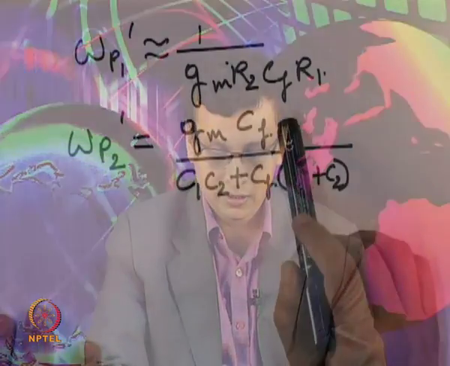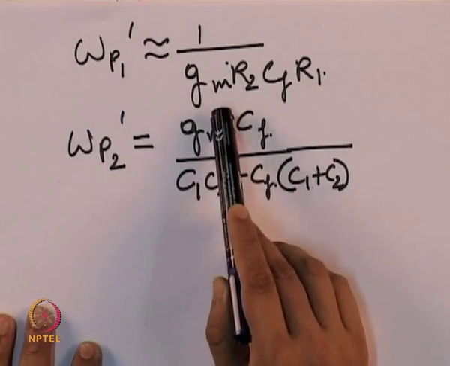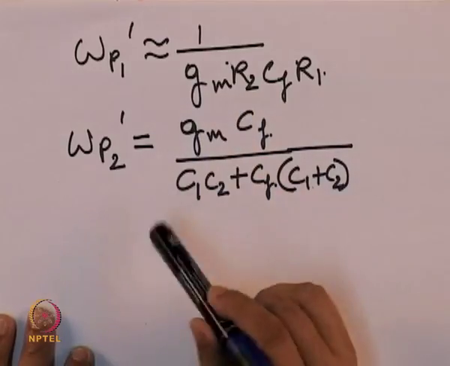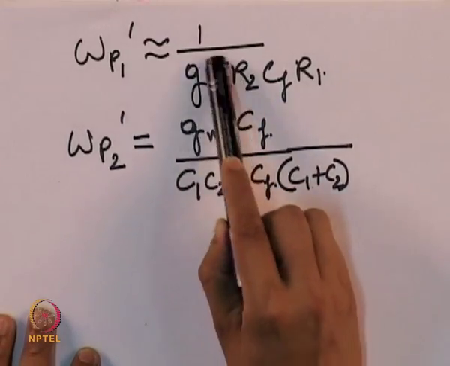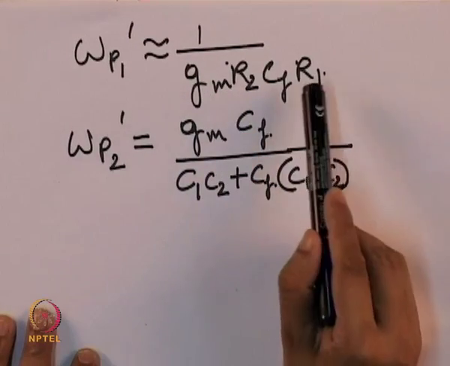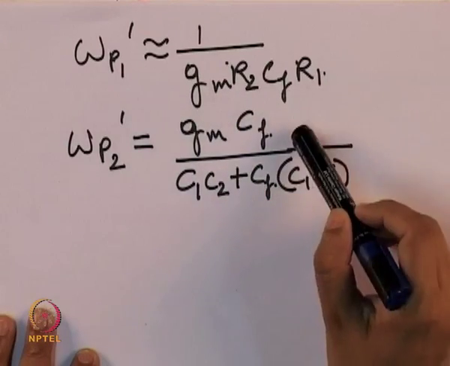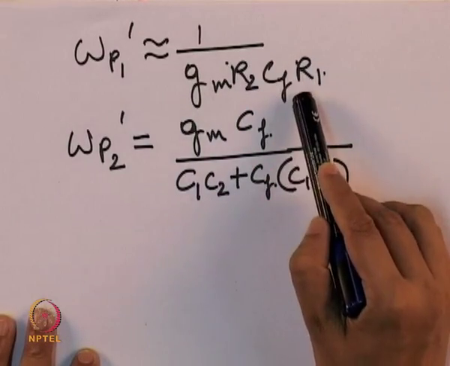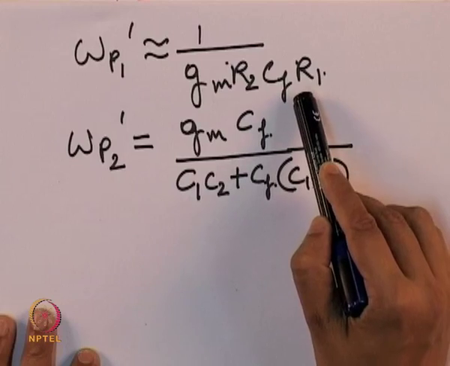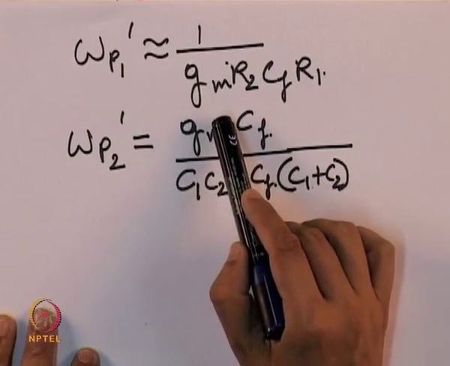If we go back to the formula for omega p1, we see that omega p1 dash is lesser than omega p1 by this factor gm, that is the gain of the BJT. Since we have the gain term in the denominator for omega p1 dash, even if Cf is a small valued capacitor, its effect will be amplified by this gm.